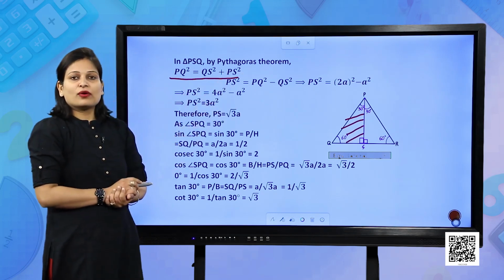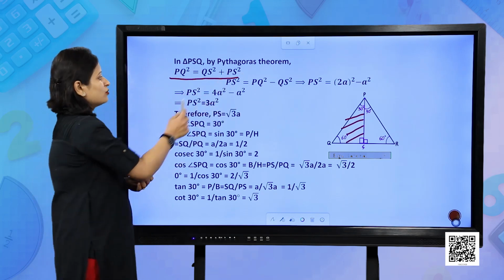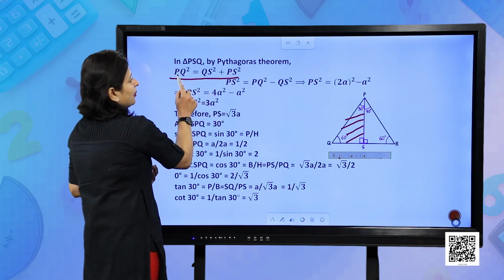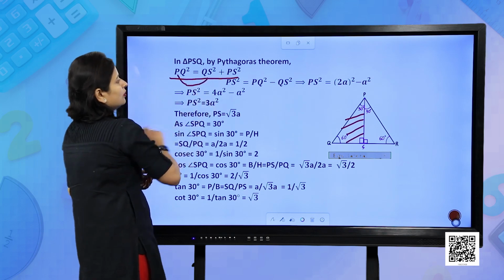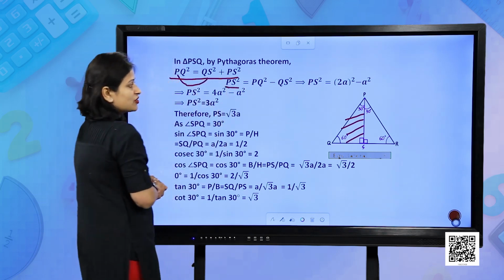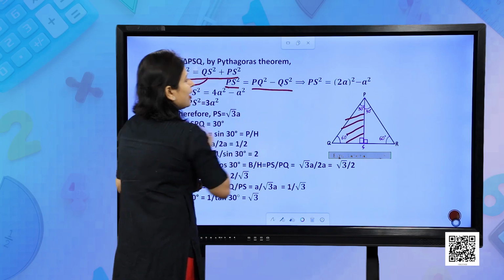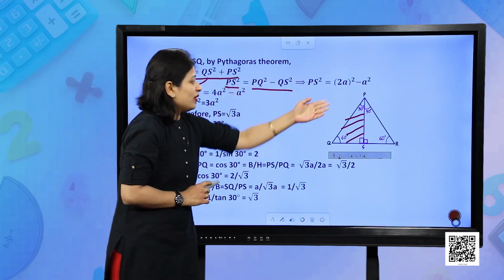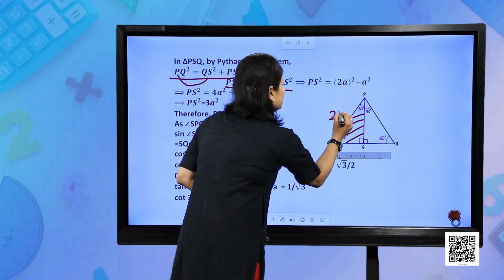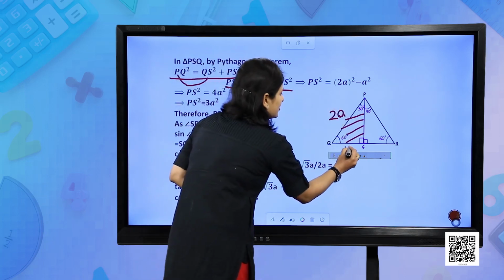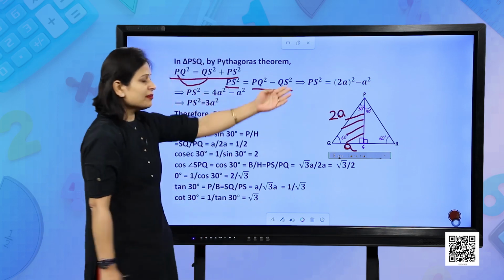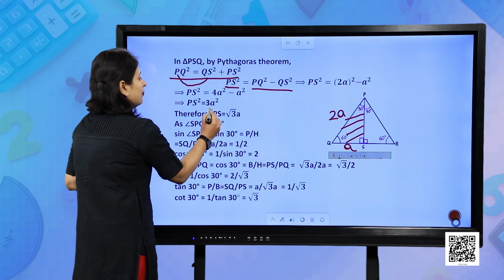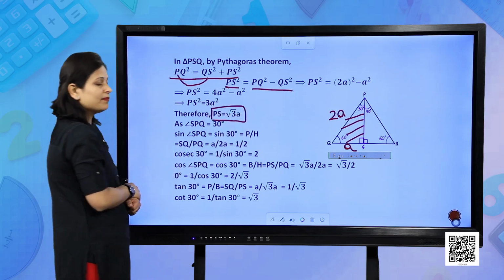As you need to find out the value of PS, just transpose PS and PQ here. What will you get? PS square is equal to PQ square minus QS square. Since the value of PQ is 2A and QS is A, simply substitute the values. After solving, what will you get? PS as root 3A.